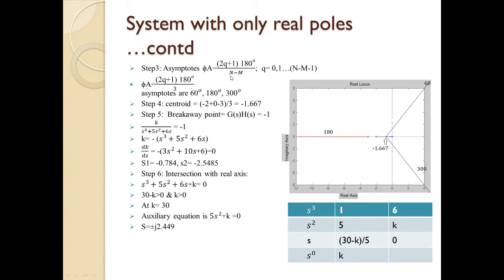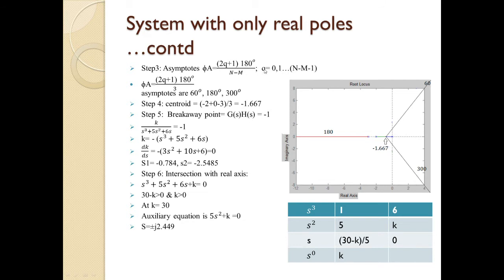N represents the number of poles and m represents the number of zeros, and q varies from 0 up to n minus m minus 1. Here n is 3, m is 0, and n minus m minus 1 is 2. So, q will vary from 0, 1 up to 2.